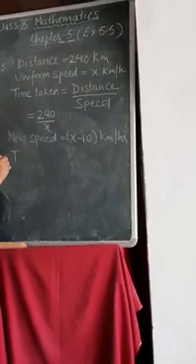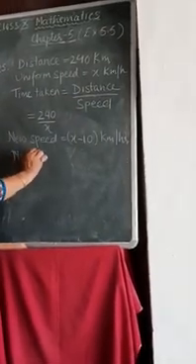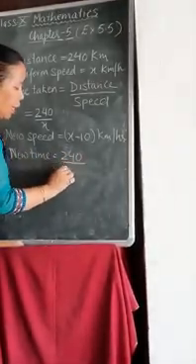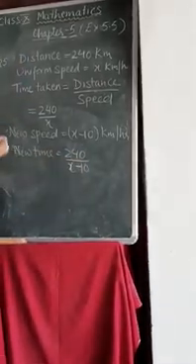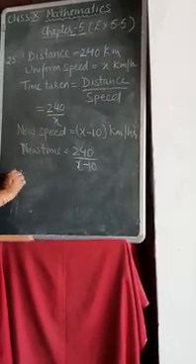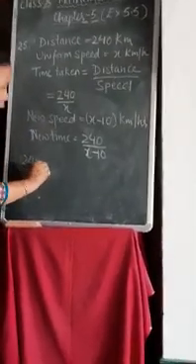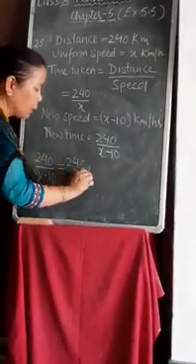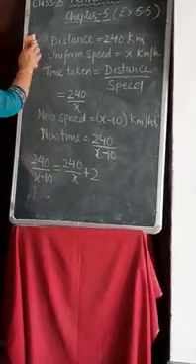So at this stage, the new time will be equal to 240 upon x minus 10. Here it is taking 2 hours more than the previous time. It means the equation will become 240 upon x minus 10 equals 240, the time taken earlier, plus 2, because it's taking 2 hours more than the previous time.